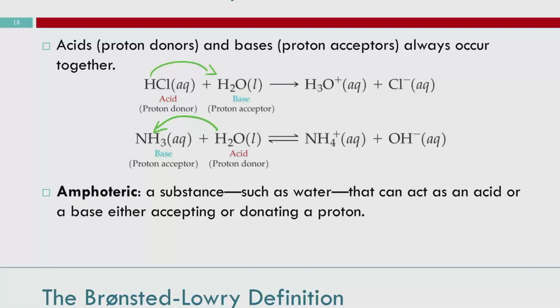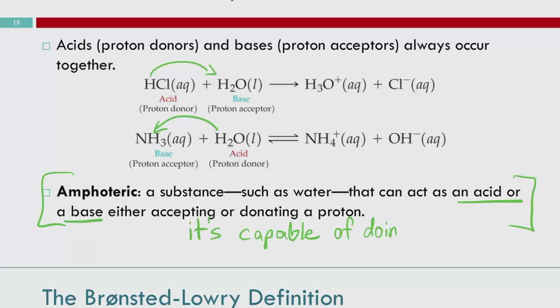Our definition here: amphoteric, a substance like water that can act as an acid or a base. It can do both. It's the switch hitter of acids and bases. It doesn't do both at once, but it can do both. It does one at a time, depending on the circumstances.